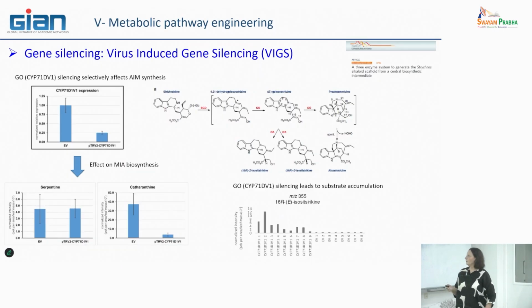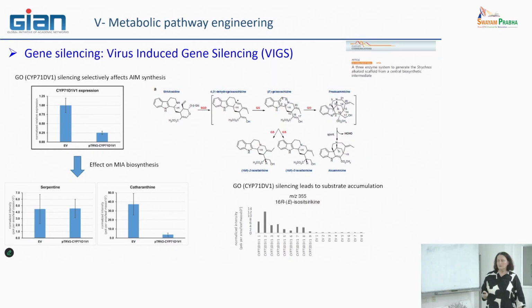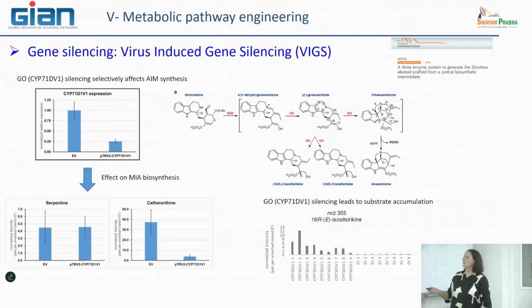One example was the use of this type of strategy to characterize one gene that we worked on for I don't know how many years to find. It was quite difficult to find. It's a CYP, meaning a monooxygenase P450, named GO, for glycosylcetin oxidase. It's one of the intermediates.